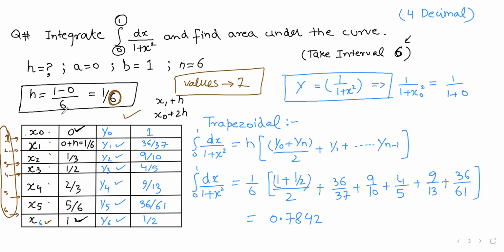So we can say that n is equal to the total number of values minus 1. That's why we take it as 6 in here. Okay, now again, we will follow the same rule. The interval is the total number of values minus 1. In this example, we will follow the same rule.